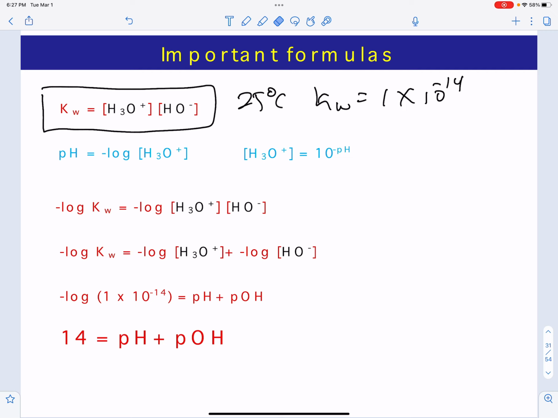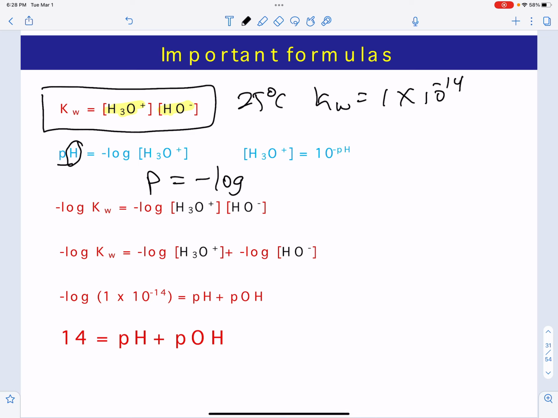So once we do that, if we can find the concentration of hydronium or hydroxide, then we can move to another set of formulas, pH and pOH, where the P is nothing more than the minus log of whatever we're doing. In this case, we're doing the pH.